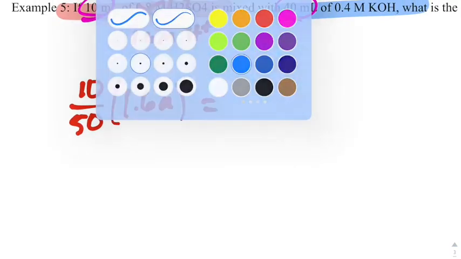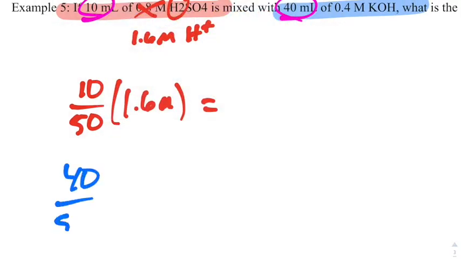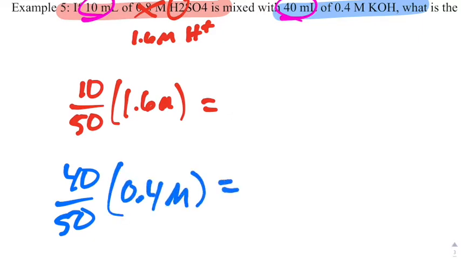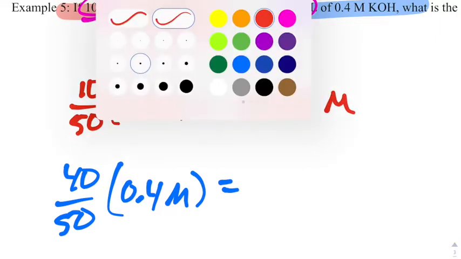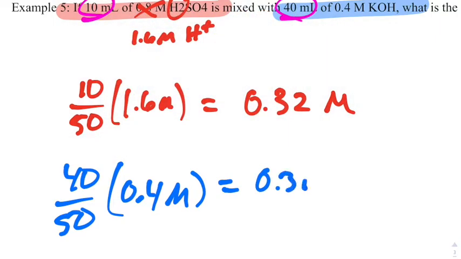And as far as our base is concerned, you're going to end up with 40/50ths of 0.4 molarity. By the time you do the math, you are going to end up with 0.32 molarity here, and 0.32 molarity here.